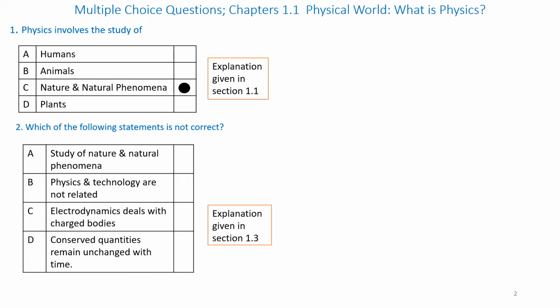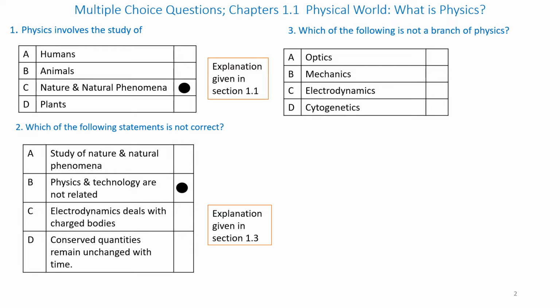And the explanation for these answers are given in section 1.3 as well as in section 1.1. The statement that physics and technology are not related is not correct. So we have to select the incorrect statement. So choice B is an incorrect statement. So part B is the answer.